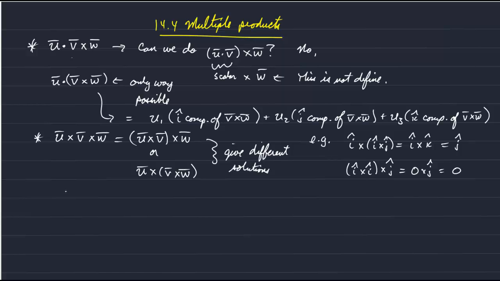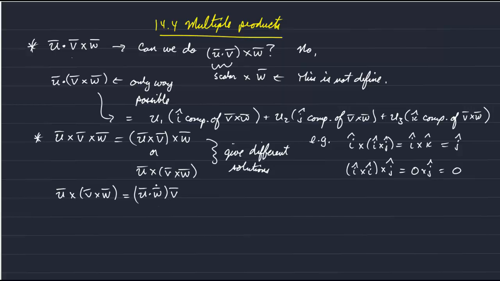And I'd like to give a couple of vector identities. That is, if you take the cross product of u and the vector resulting from the cross product of v crossed with w, that is equal to u dotted with w, which gives a scalar, times v.